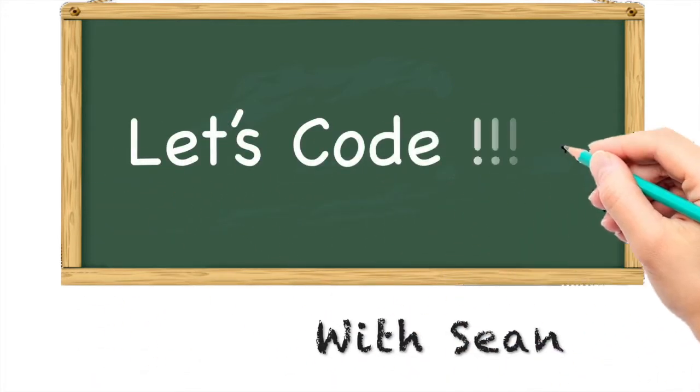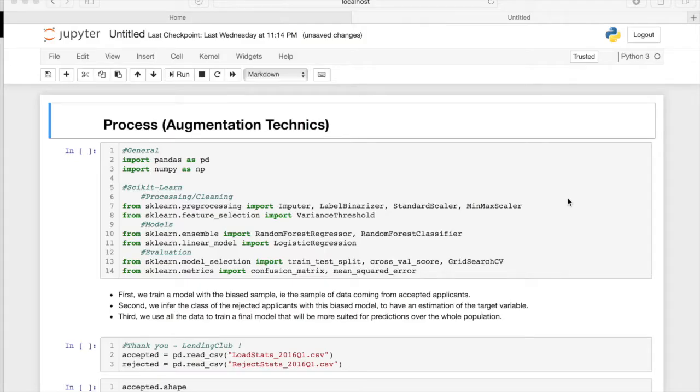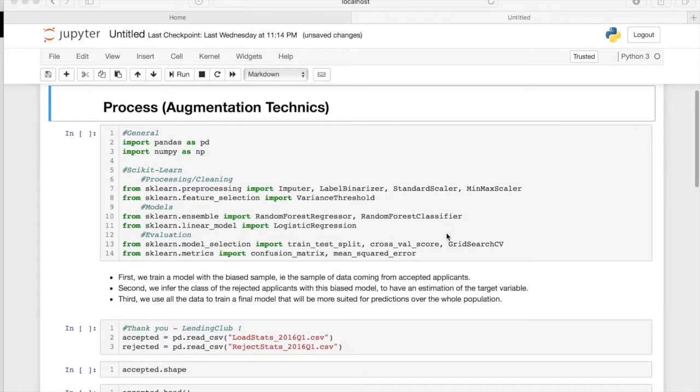Now it's time to do some coding. All right, now we are going to walk you through an example of the process of reject inference using the augmentation technique, which is one of a variety of techniques that you can use for this subject.